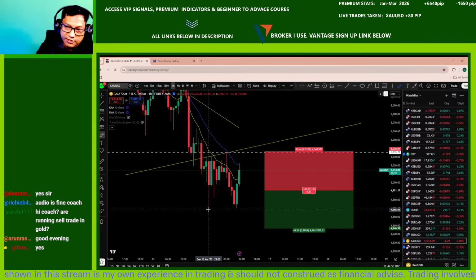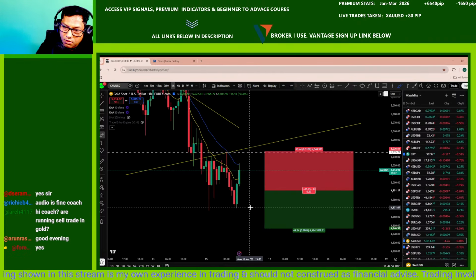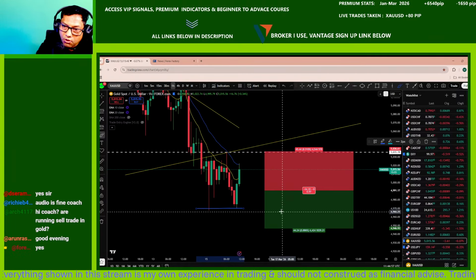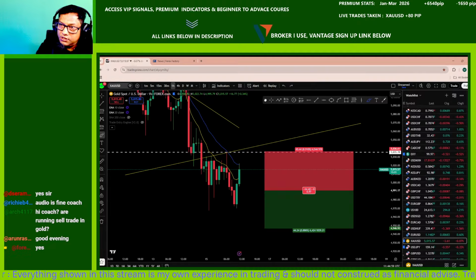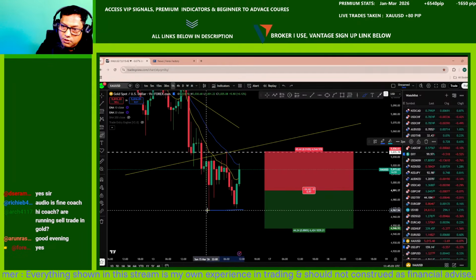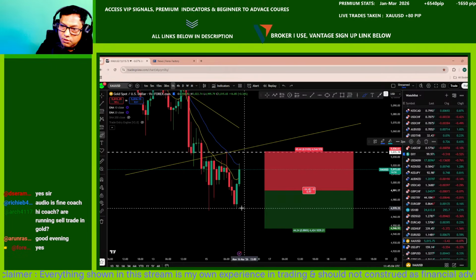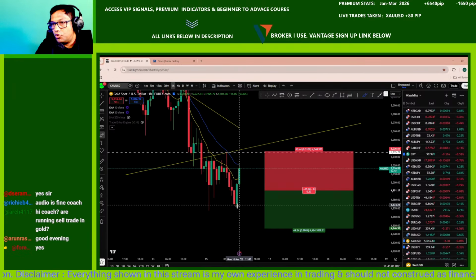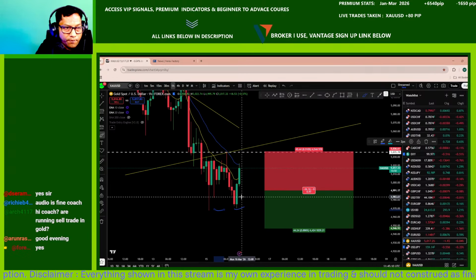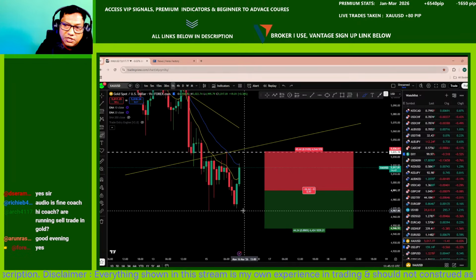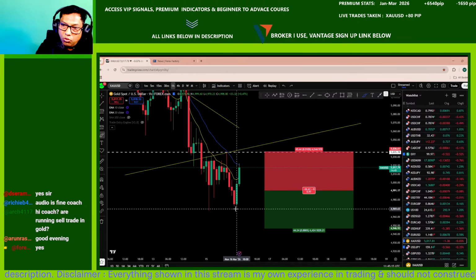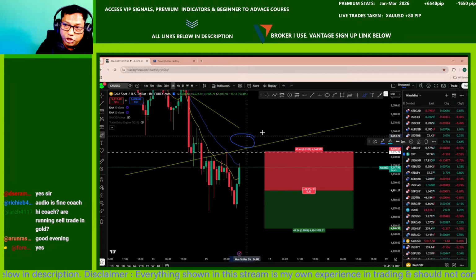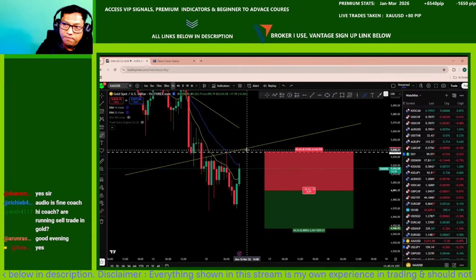If you look here at the low, this is the low, and you see this is a downtrend, but it didn't create a new lower low. Because it didn't create a new lower low, we see the market is pushing higher to potentially create a new higher high.